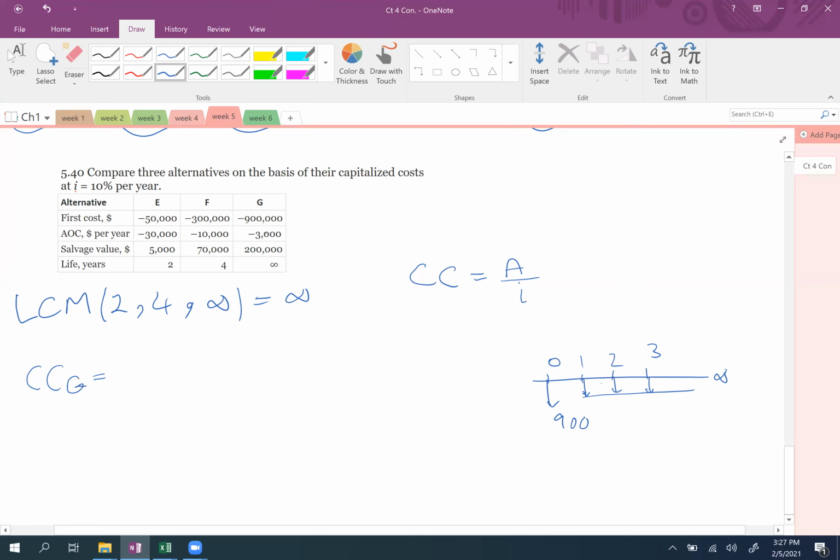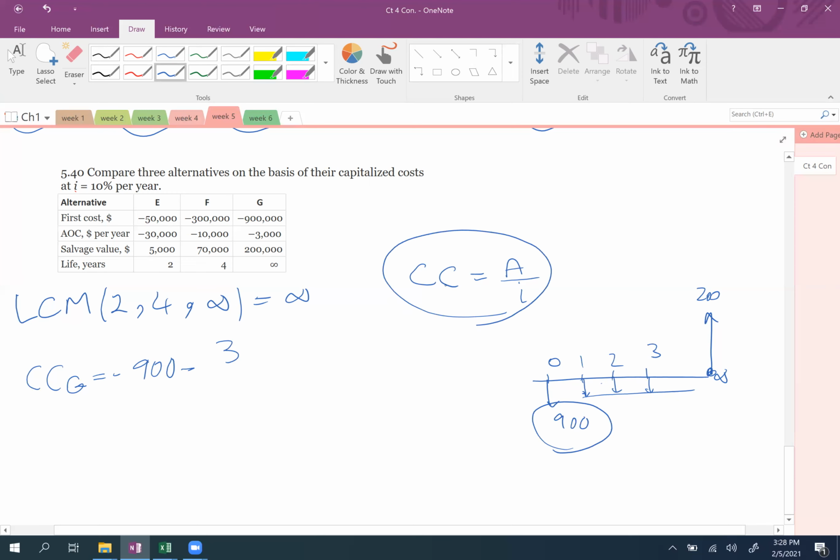And then you have a salvage value of $200,000 that happens in very, very far future. So this one is already at time equal to 0, so it's negative 900, and the 3 is also in negative direction, negative 3.